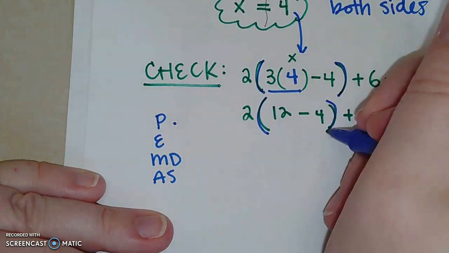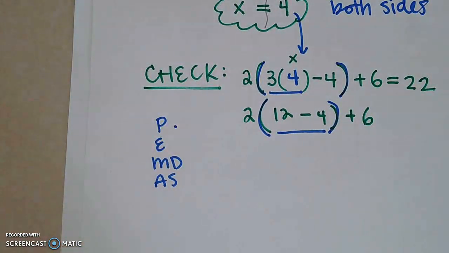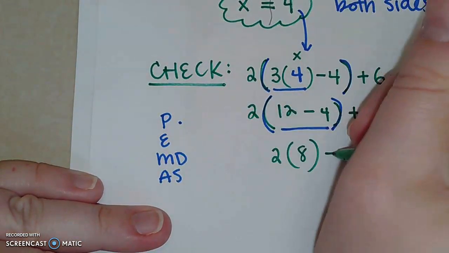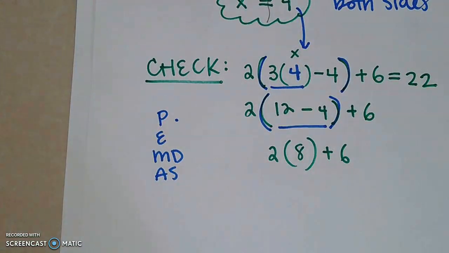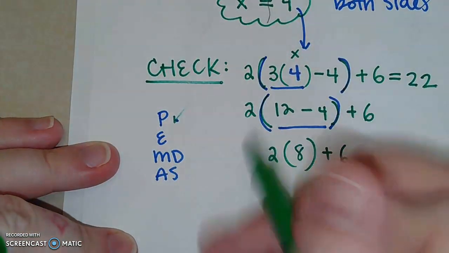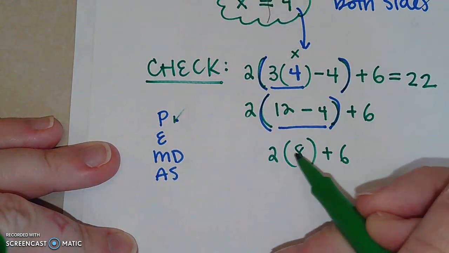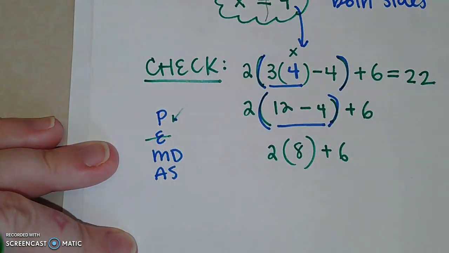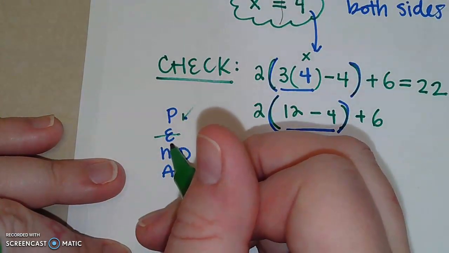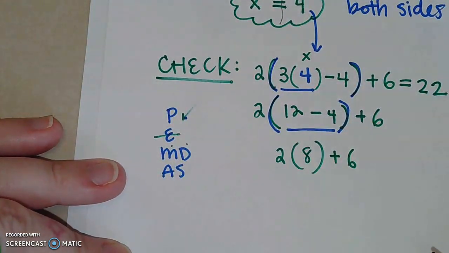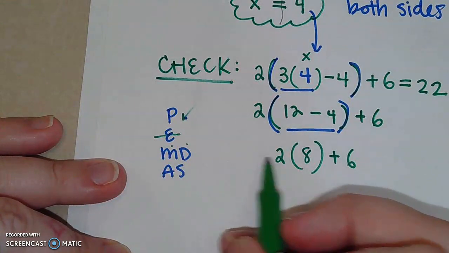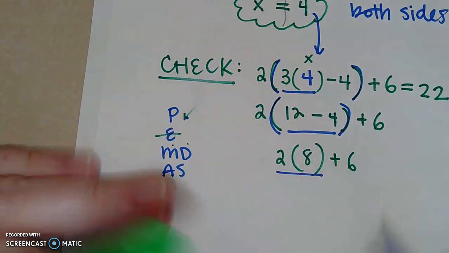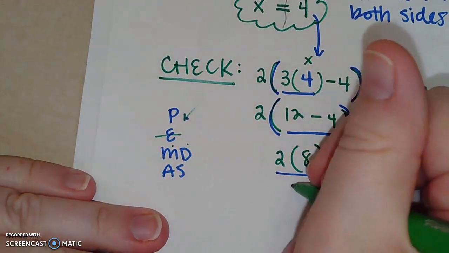In my parentheses, I am seeing 12 minus 4, which is 8. So we finished the parentheses off. We still have a parentheses here, but there's nothing really inside for us to do. We don't have any exponents, so we can skip that. Next, it's telling me to do either multiplication or division. You start on the left side and see which happens next. I see 2 times 8, which is 16.